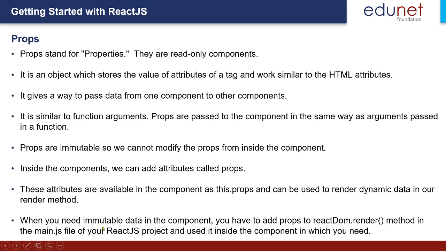When you need immutable data in a component, you have to add props to the ReactDOM.render method in the main.js file of your React.js project. Use it inside the component if you need it. So if you are going to use an immutable component, you need to add ReactDOM.render. Clear? Do all of you understand?